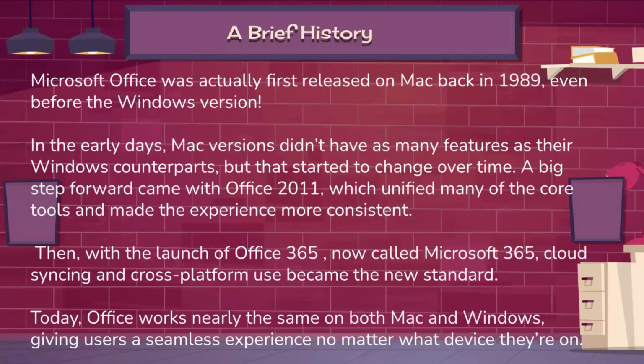Then with the launch of Office 365, now called Microsoft 365, cloud syncing and cross-platform use became the new standard. Today, Office works nearly the same on both Mac and Windows, giving users a seamless experience no matter what device they're on.